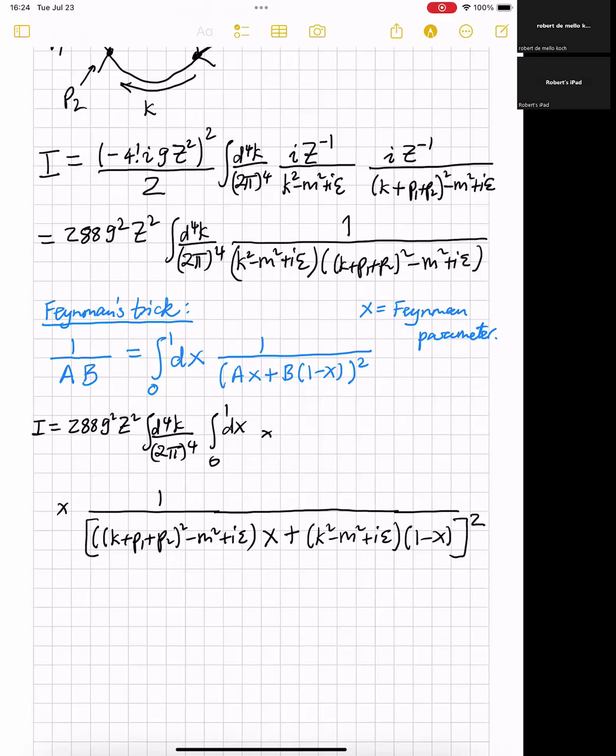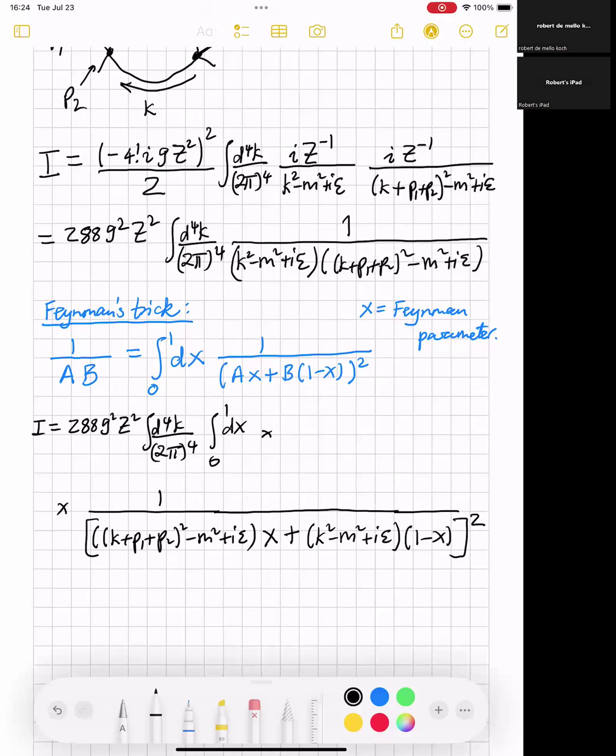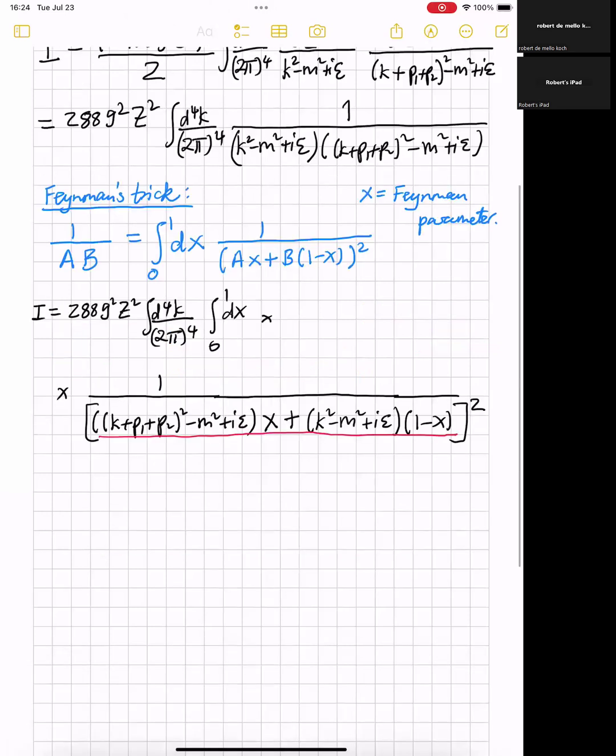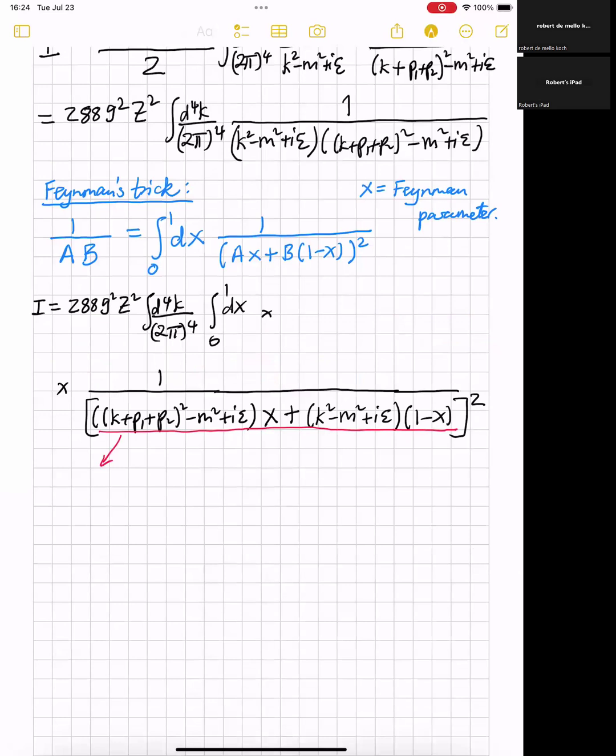Good. Okay, so the first thing that we are going to do is rewrite this expression that appears in the square bracket and that I've just underlined in red. So maybe we'll keep working in red. Let's rewrite it down below. First of all, there's going to be terms that are quadratic in k, terms that are linear in k, and terms that are independent of k.